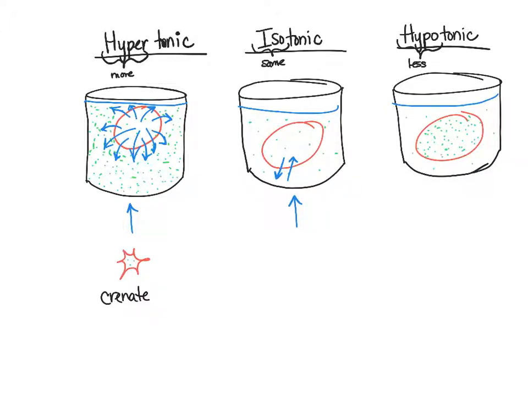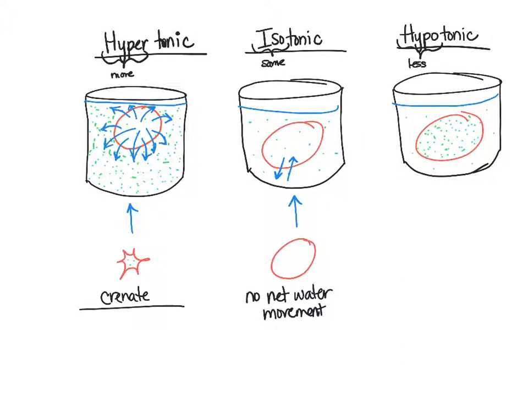However, it's about equal. So this water is going to move back and forth through those pores about equally. So it's not going to change the shape of the cell. It basically maintains the same amount of water. What this means is there is no net water movement.